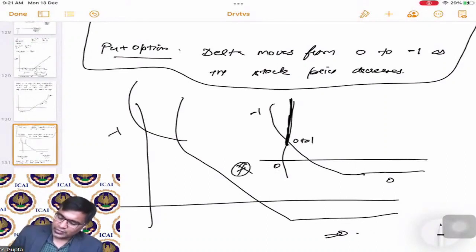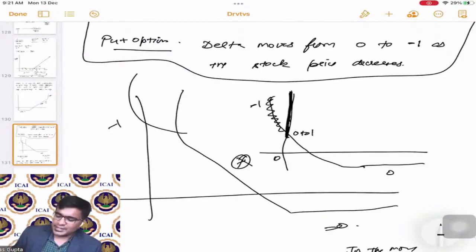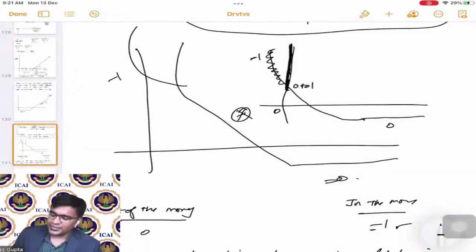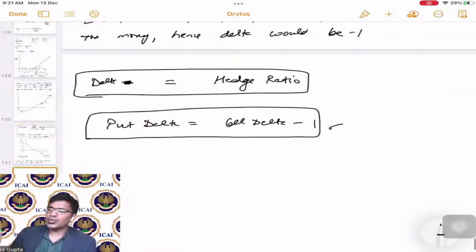This is 0 here. So this line will actually coincide with the y-axis. Don't focus too much on these graphs, just focus on the initial payoff graphs that we have discussed. But just to show you mathematically, if it is a horizontal line, delta is 0. If it is a vertical line, the delta, which is also called the slope, is equal to 1.